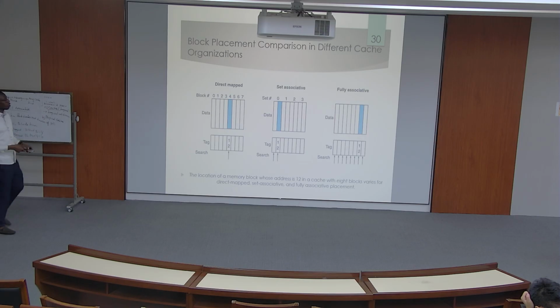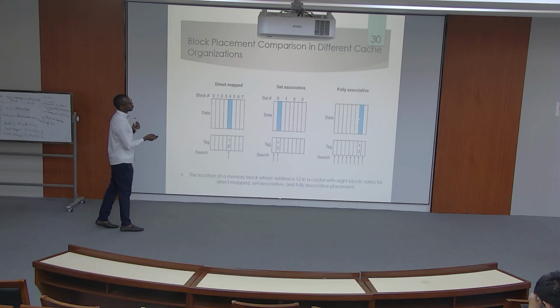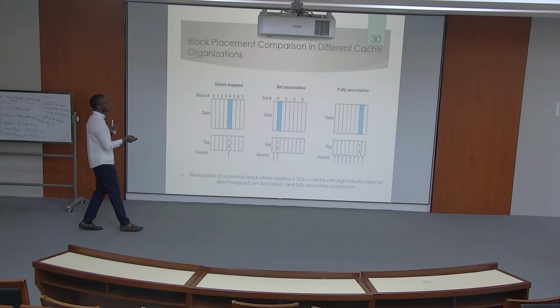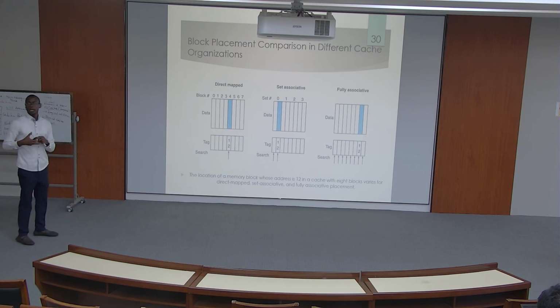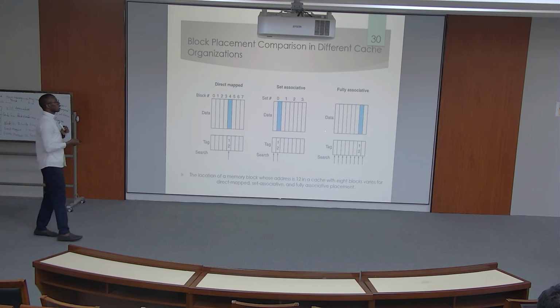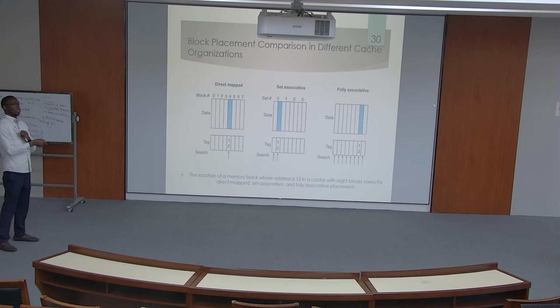That means block 12 can go into any line. So this is just a block placement comparison in direct cache mapping, set associative and fully associative.